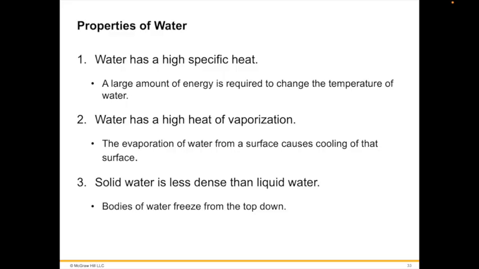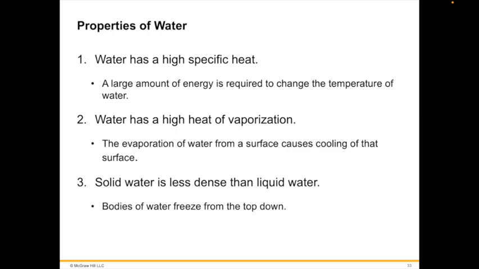Specific heat of water is twice that of most carbon compounds and 9 times that of iron. Only ammonia, which is more polar than water and forms very strong hydrogen bonds, has a higher specific heat than water. Still, only 20% of hydrogen bonds are broken as the water heats up from 0 degrees to 100 degrees Celsius.